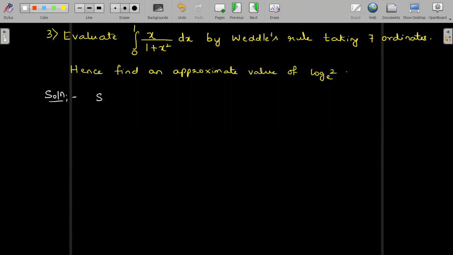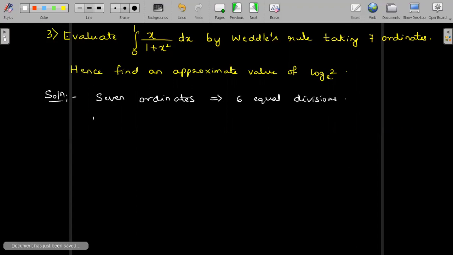So 7 ordinates implies 6 equal divisions. And that is one and the same as writing n is equal to 6.